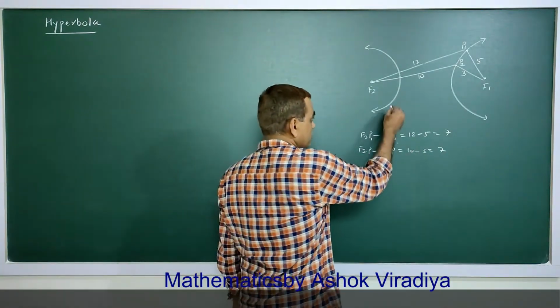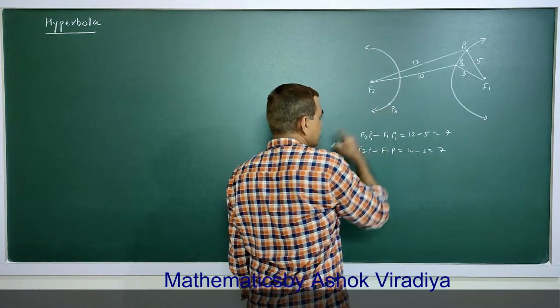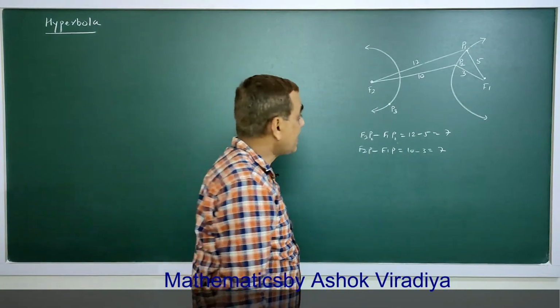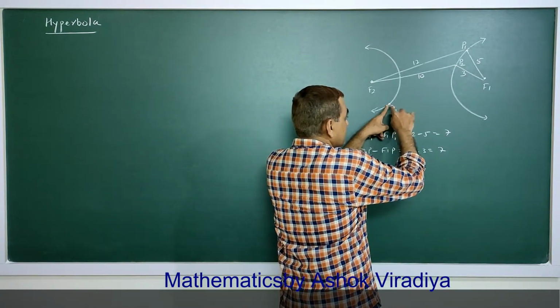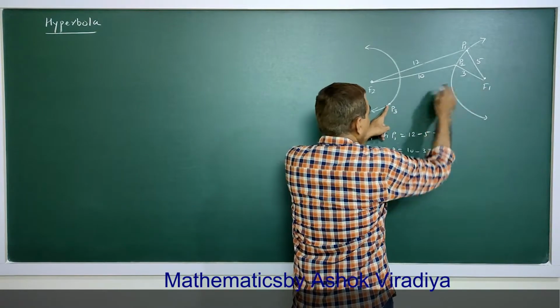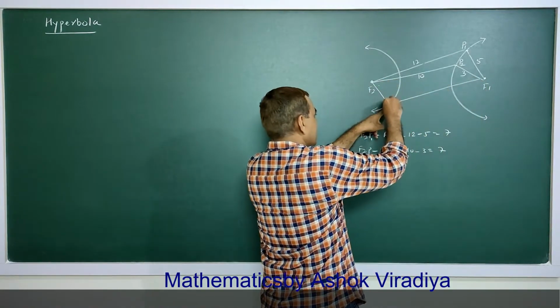If suppose point P is on this branch, then the distance of P3 from these points, this is farther, this is closer.